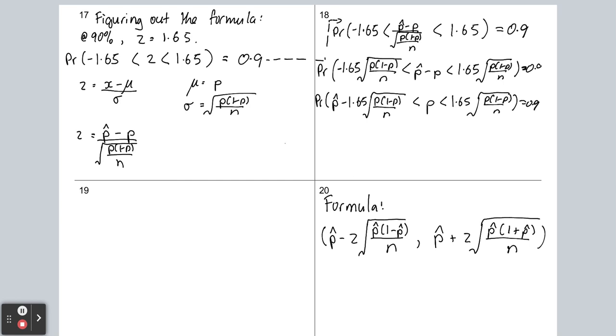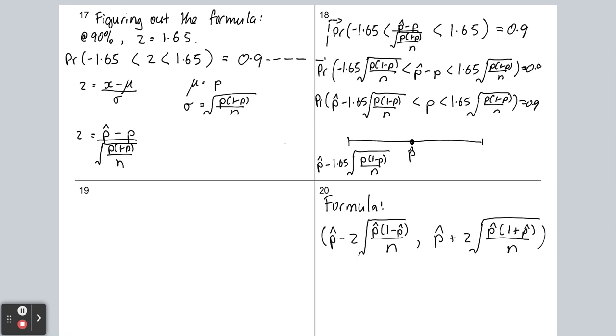Now, what does that mean? So if I draw it as an interval, then I've got a middle, and the middle of it will be p hat, because that's what the sample estimate was based on. On the left-hand side, the boundary will be p hat minus 1.65 times the square root of p multiplied by 1 minus p all over n.